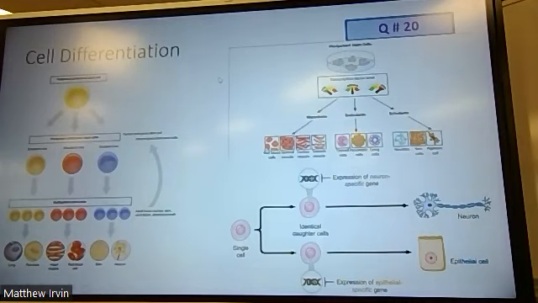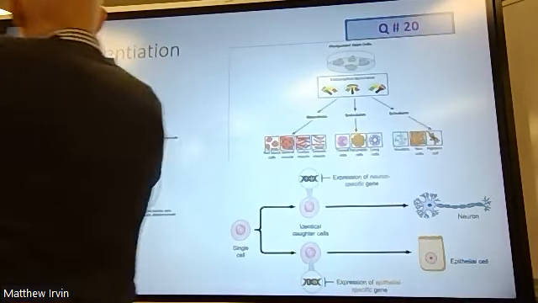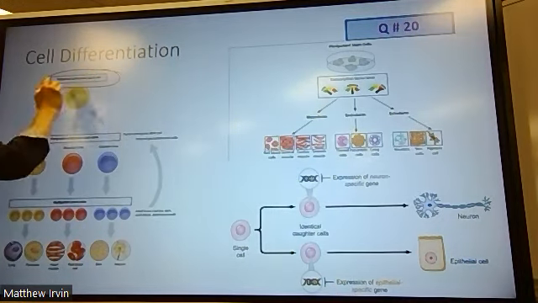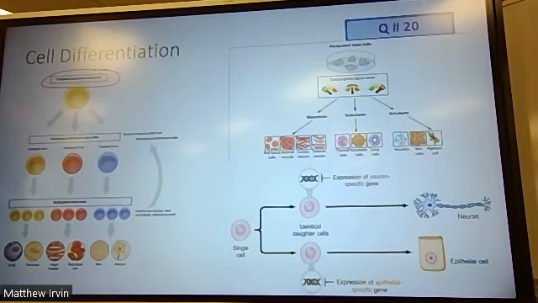All right, cell differentiation. Basically, you start out with a totipotent cell that's going to then make your embryo, and actually it'll make the placenta and the embryo. Then the embryo cells are pluripotent, which means that they can become any tissue type.